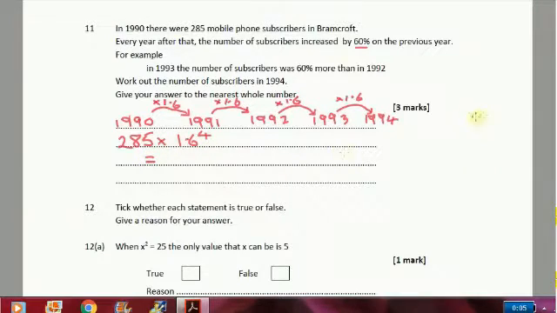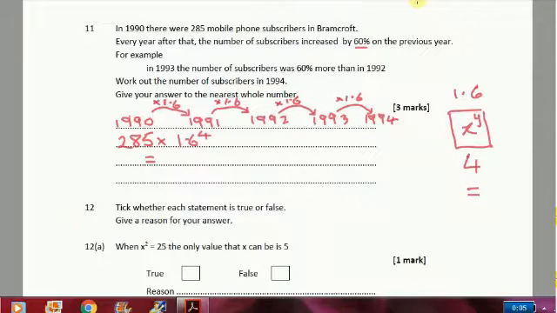And you just have to use your calculator to work this out. My old calculator's got a button called x to the power y, where I just type in 1.6, then I type the button x to the power y, and then I put the power 4, and the equal sign. It gives me whatever it gives me.